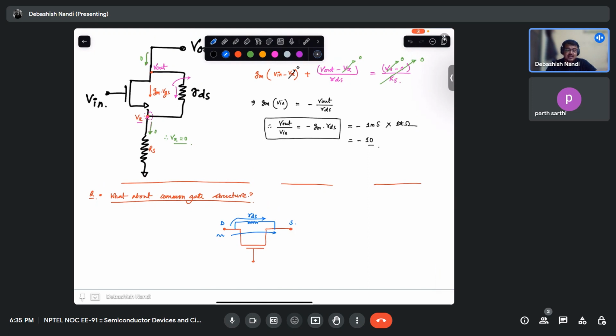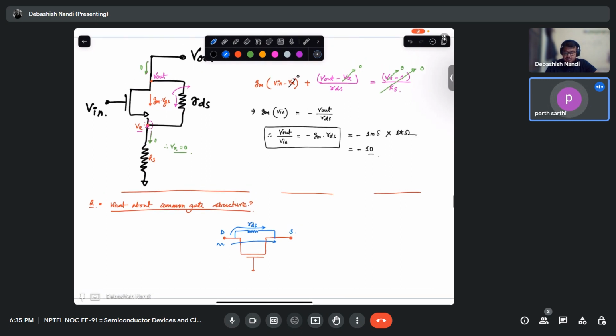In small signal sense, it appears that RS is not present. But in many circuits, RS may be present. So if RS is present, then we have to apply only KVL in this circuit.